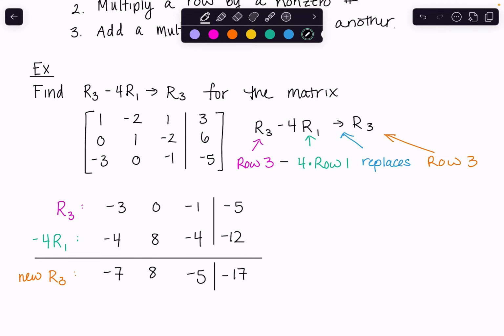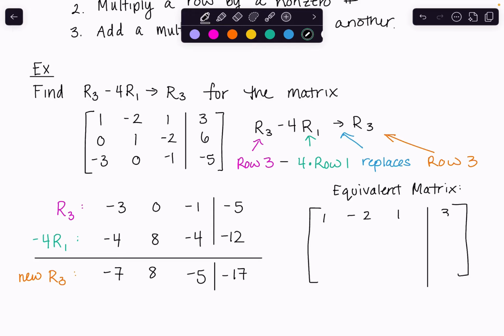So now I get an equivalent matrix that does not change my underlying meaning or solution. In my equivalent matrix, the first two rows have stayed exactly the same. We did not touch those, so we copy them. But now I have a new row 3, which is -7, 8, -5, and -17. Okay.